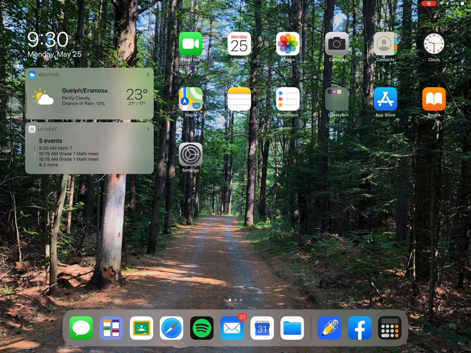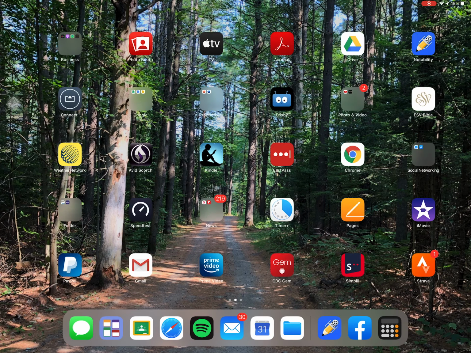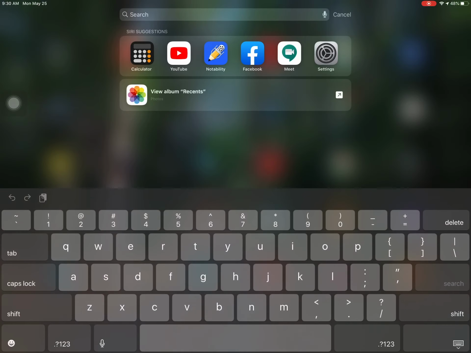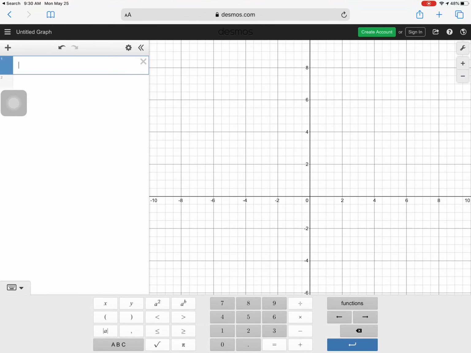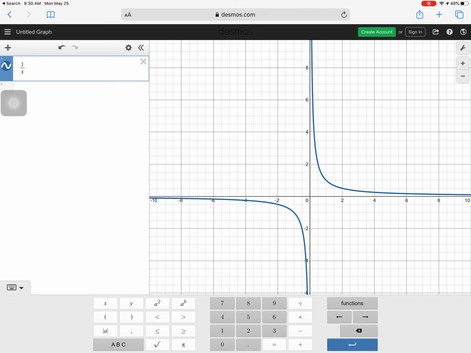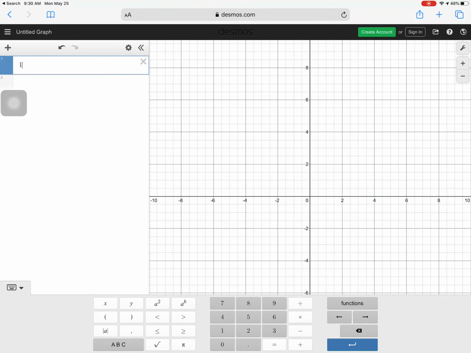What I've done is just looked online for a quick little calculator to show that. If I go 10 divided by x, which means it'll show me all the possibilities except for 0.